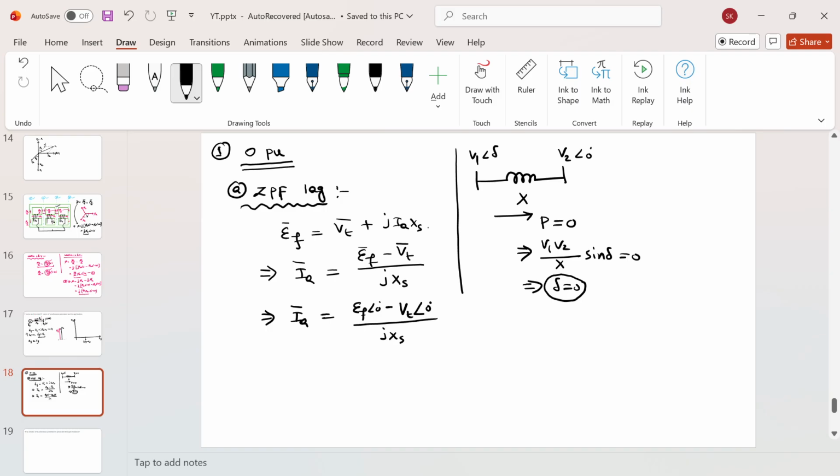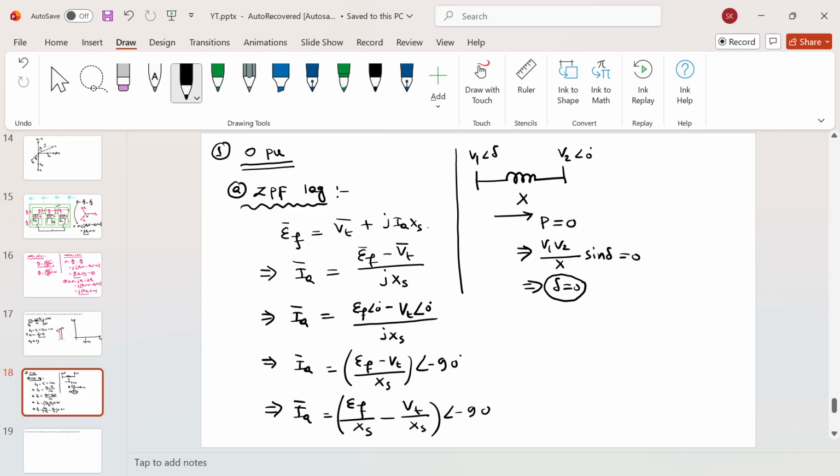So if you calculate further, you will get (EF minus Vt) by XS at minus 90 degrees. So Ia is equal to (EF minus Vt) by XS at minus 90 degrees. Okay, so let me erase this thing also.